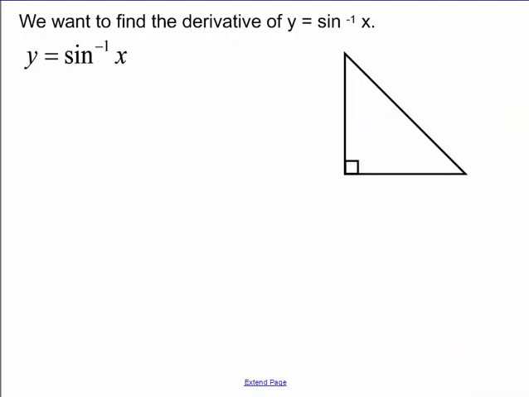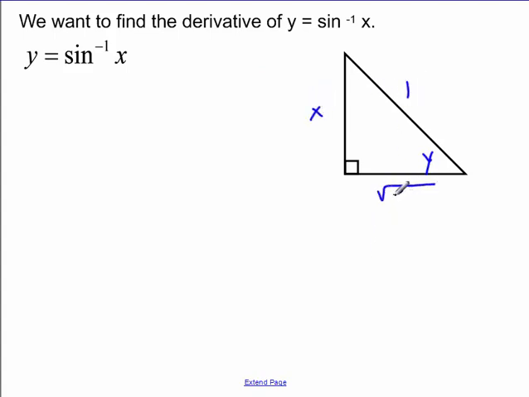Okay, we want to find the derivative of an inverse trig function. So remember, what does this mean? This means the ratio at some angle. So my angle is y. My ratio for sine is x over 1.